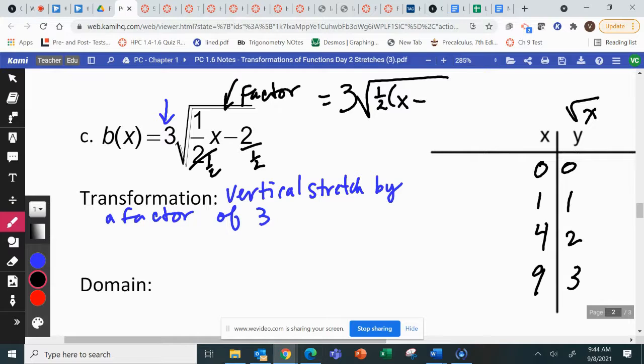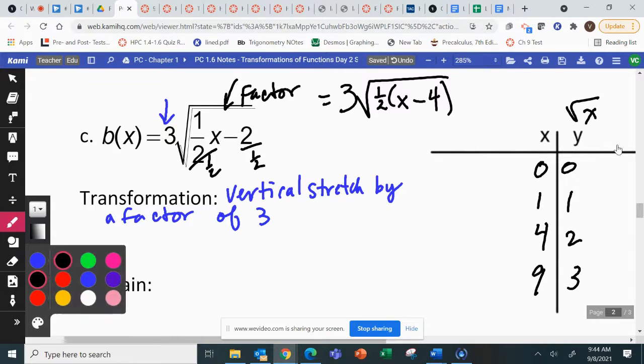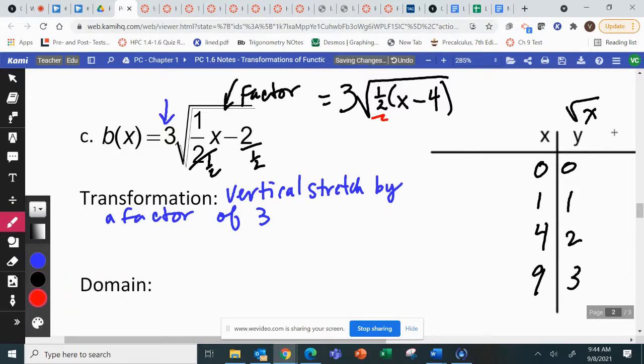So what number is 2 divided by 1/2? 4. So we have a horizontal stretch by a factor of 2.